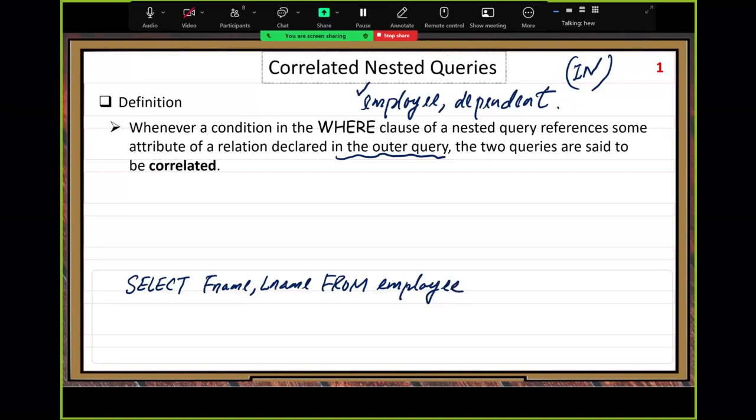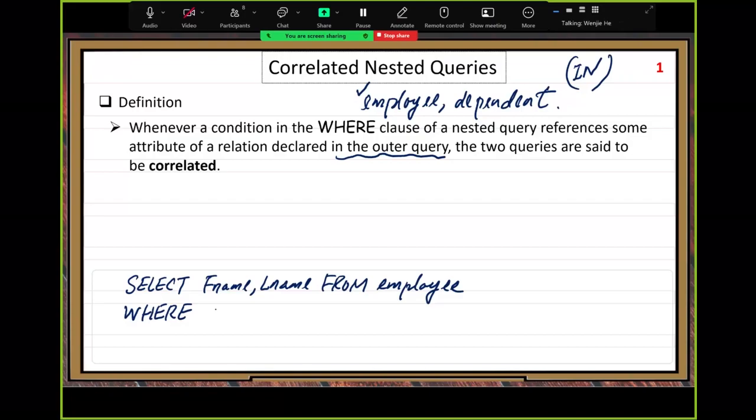Then the where clause. Here we want to retrieve those employees who have a son.